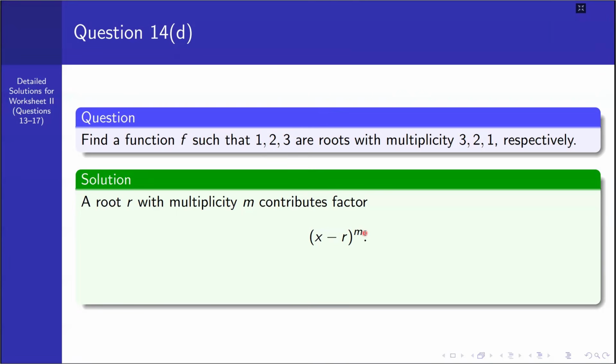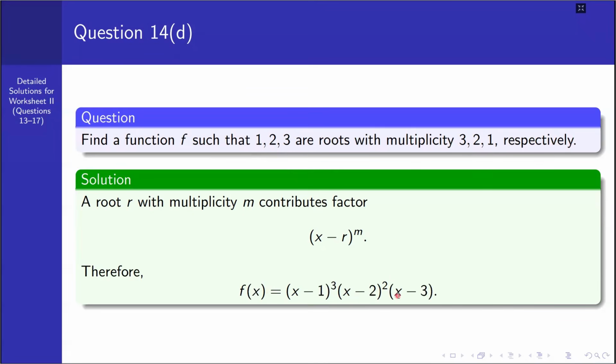And therefore, f of x can have the factor x minus 1 to the power of 3, because 1 is a root of the given polynomial function with multiplicity 3. 2 is a root of this polynomial function with multiplicity 2, so x minus 2 to the power of 2 must be another factor.